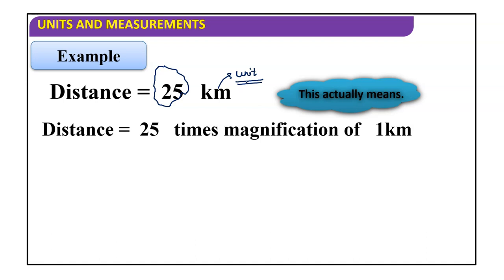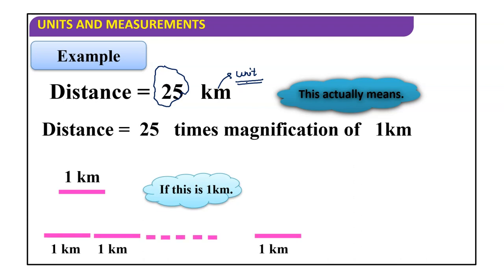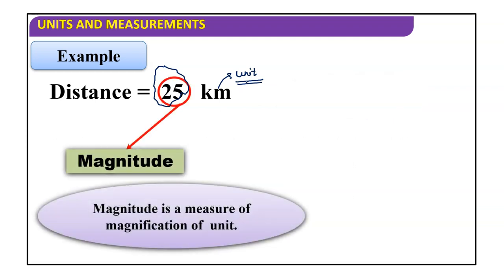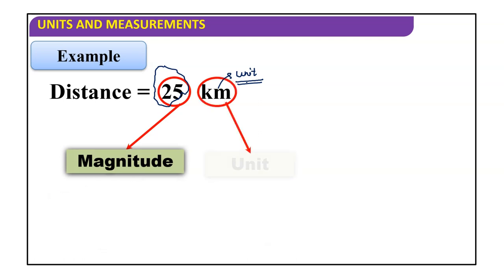So 25 times the magnitude of 1 kilometer. If this is 1 kilometer, then 1 kilometer taken 25 times gives us 25 kilometer. This is a magnitude. Magnitude means it is a measure of a multiple of a unit.